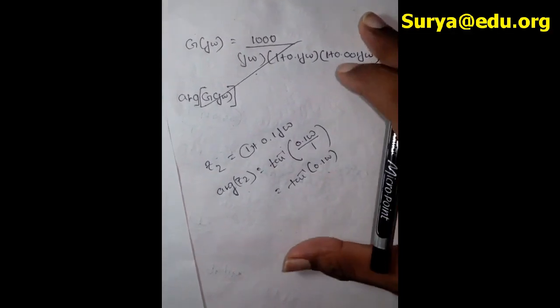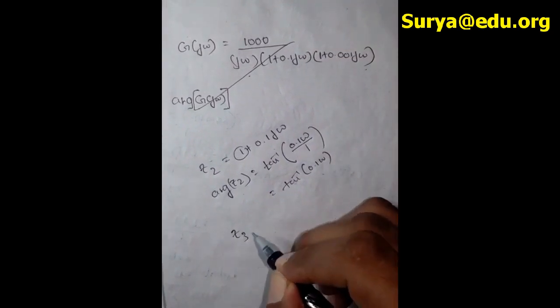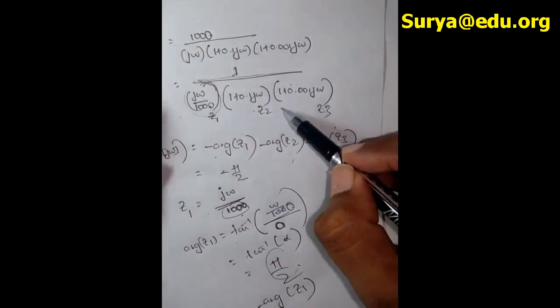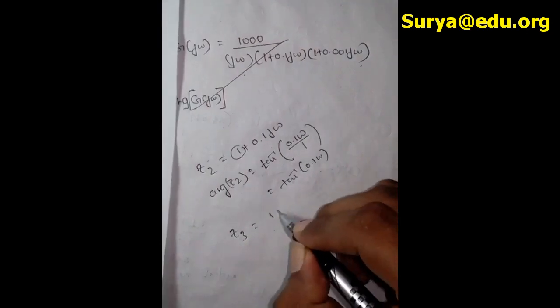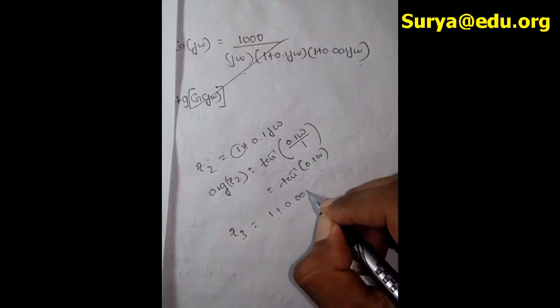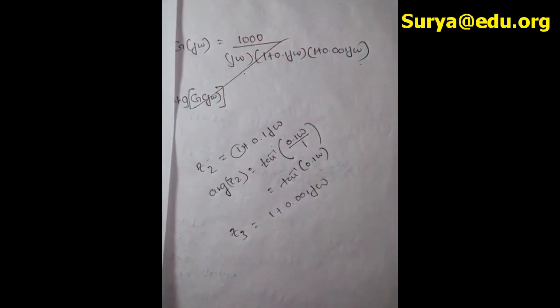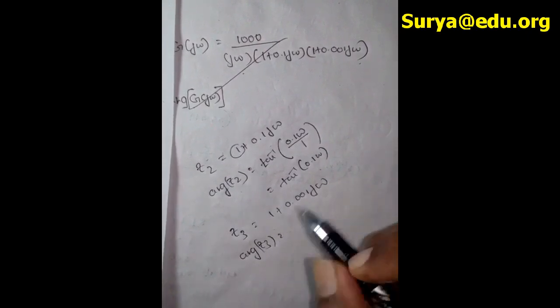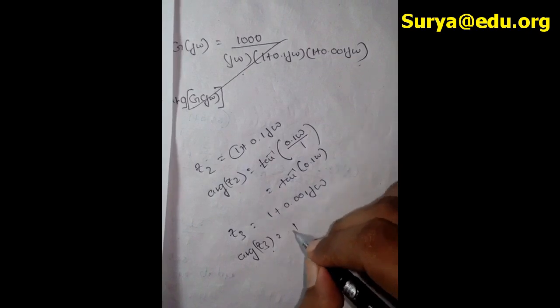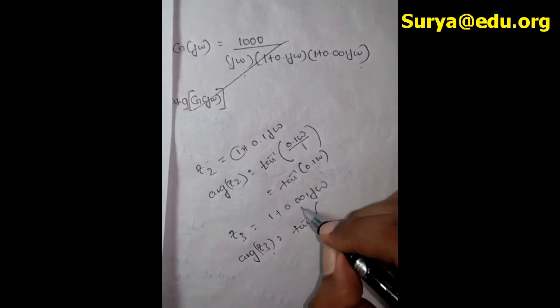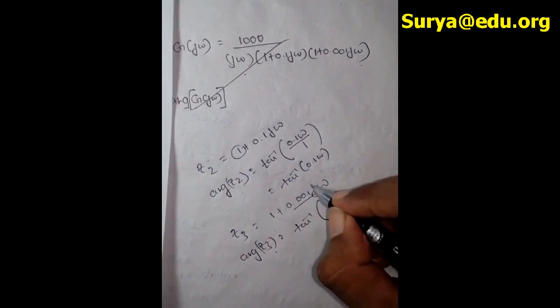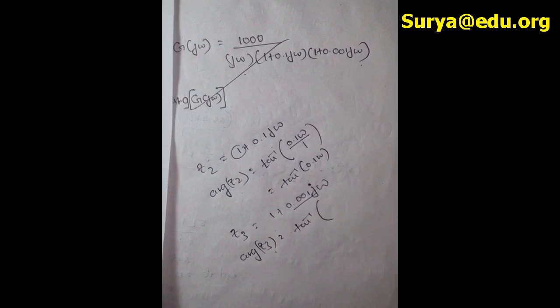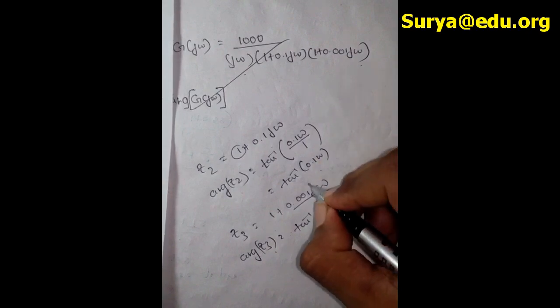Understand? Similarly you can consider the case for Z3. So what is our Z3? This is Z3, 1 plus 0.001 j omega, right? Now what is the argument of Z3? Argument of Z3 means tan inverse of the imaginary component. j is the complex coefficient.